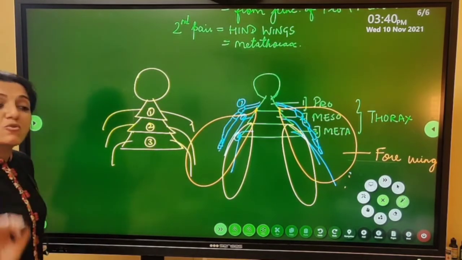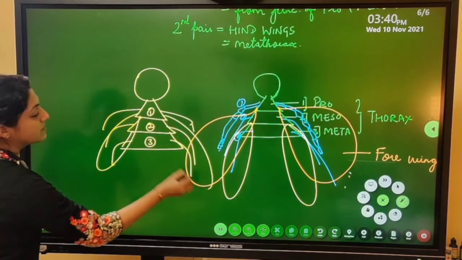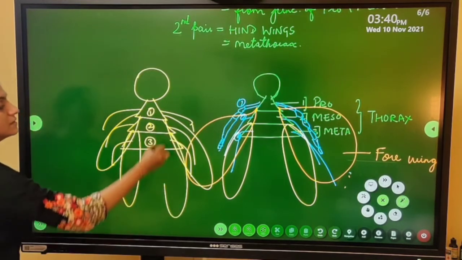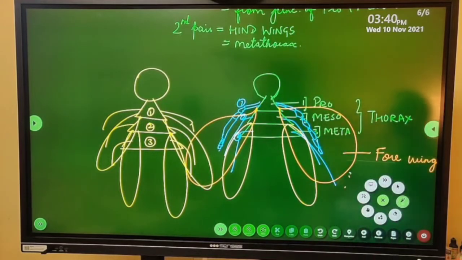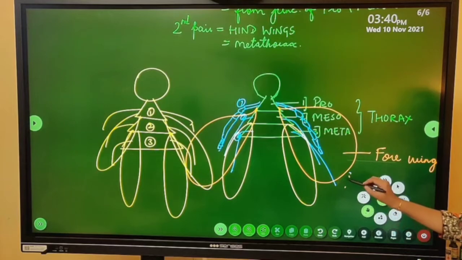And there are a total of 2 pairs of wings. The first pair is from the pro and meso junction, and the second is from the metathoracic region. That is what we have to remember. And now we will see the characteristics of the forewing and the hind wing.